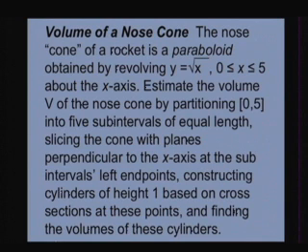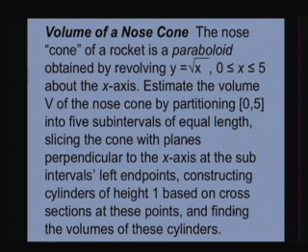Estimate the volume V of the nose cone by partitioning the interval 0 to 5 into 5 subintervals of equal length. Slicing the cone with planes that are perpendicular to the x-axis at subintervals' left endpoints. Constructing cylinders of height 1 based on cross-sections at these points.